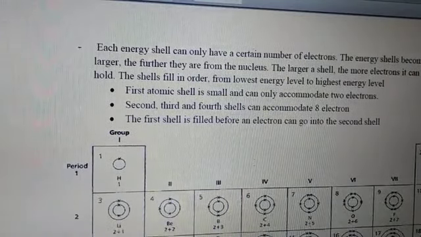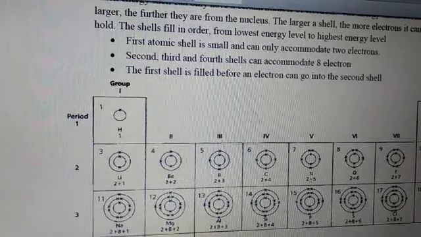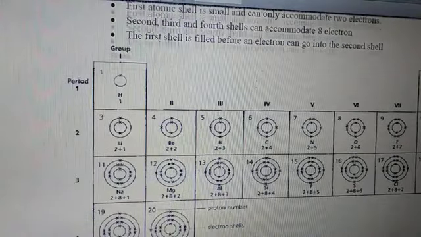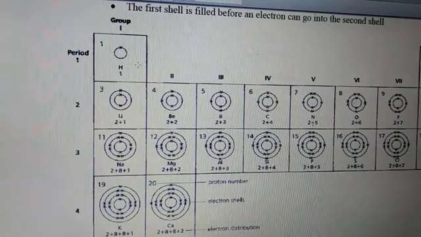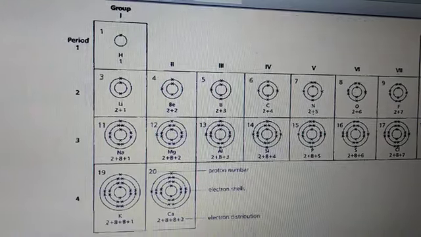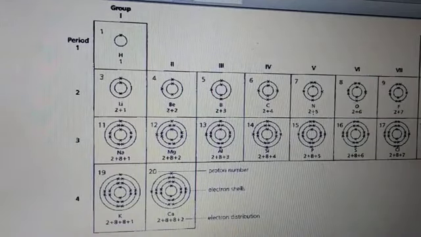Okay, so with that being said, I want you guys to have a look at this. These are group 1 elements. Group 1 is a column going down. Period 1 is going across. So in period 1, we have hydrogen and helium only. Now on group 1 elements, I need you to take note of something.